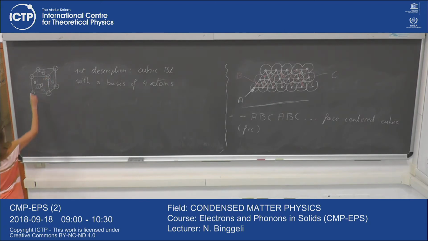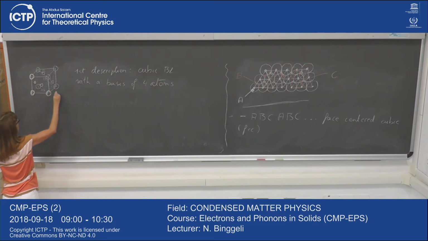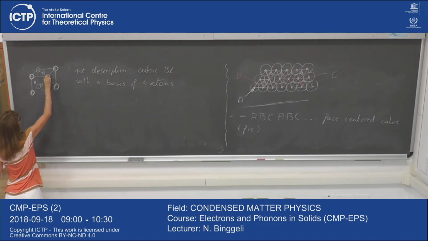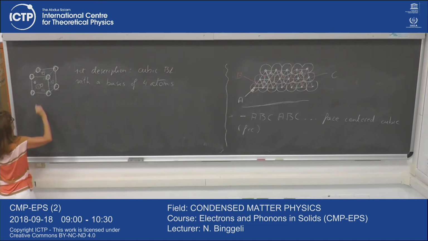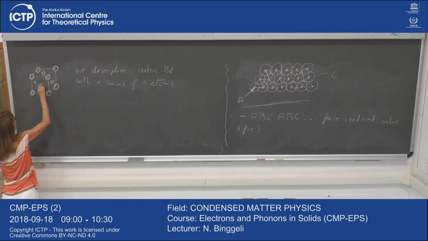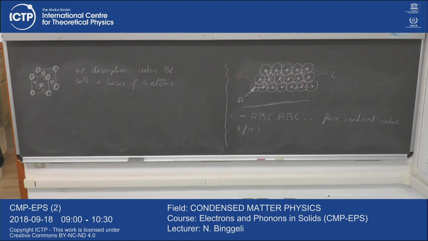So the atoms one sees, this one, this one, this one. And then on the top face, on the side face here, and on the front face here, and the other atoms are in the back. Okay, so this is my cube with the atoms on the corners and faces.